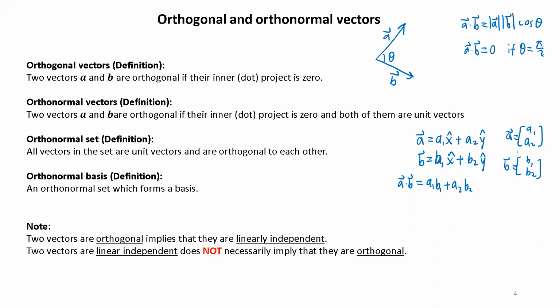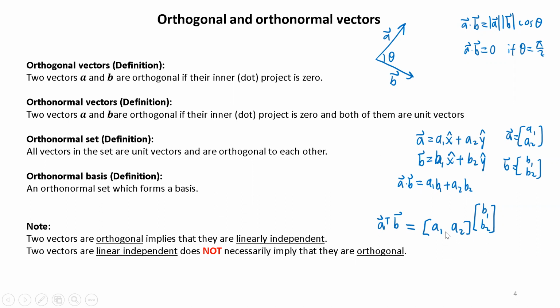A is a column vector, a 2x1 matrix, A1, A2. If I take the transpose of A, I get a 1x2 matrix, which I call a row vector. Then I take this and do the product with the B vector itself, and this is what I call A transpose B.